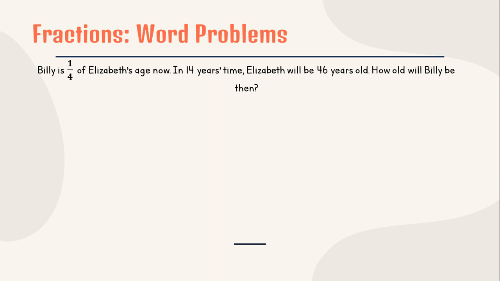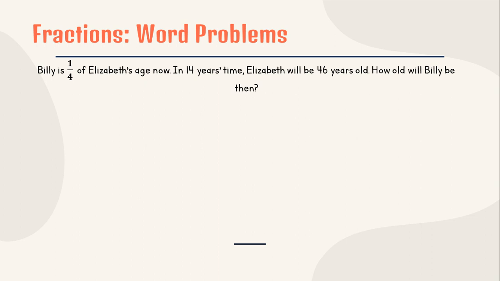And Billy is younger than Elizabeth. In 14 years' time, it means that in 14 years later, Elizabeth will be 46 years old. How old will Billy be then? So, the question will ask you, how old will Billy be in 14 years later?